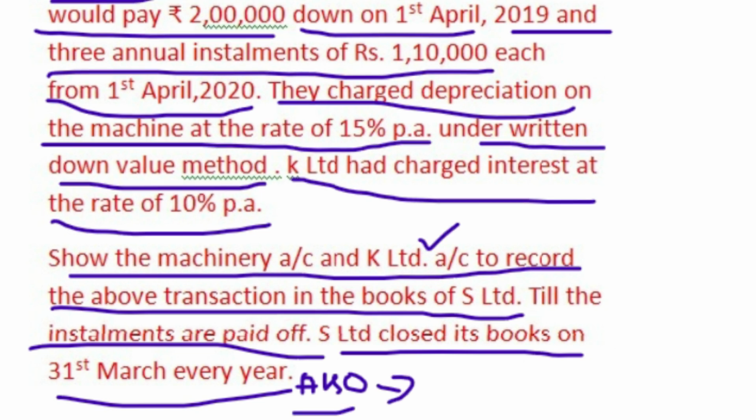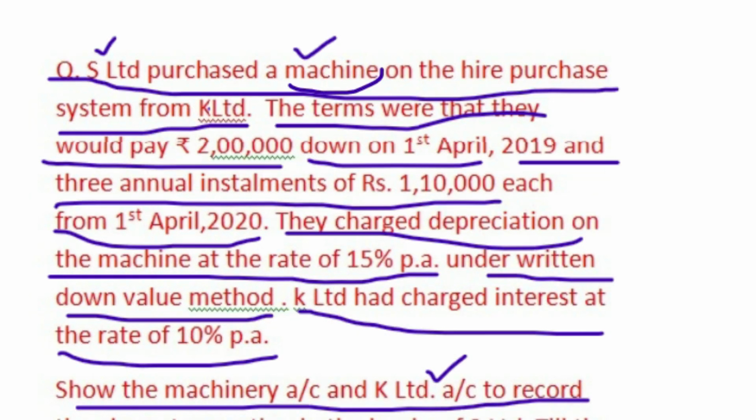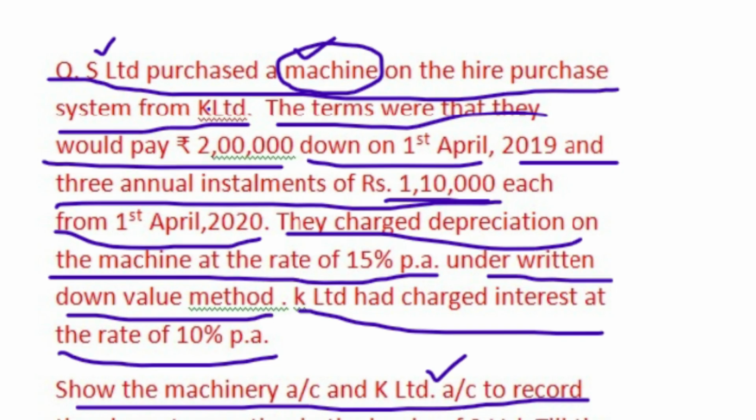Now the vital thing about this question is that the cash price of the machine is not given. Installment payments are given, each installment 1,10,000, and there are 3 installments. So 1,10,000, 1,10,000, 1,10,000.